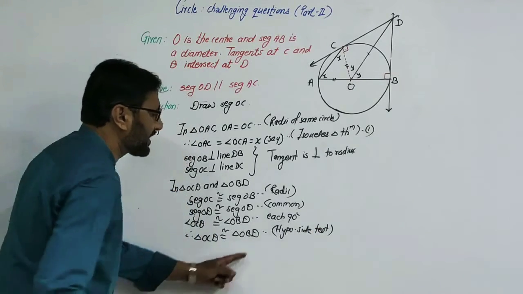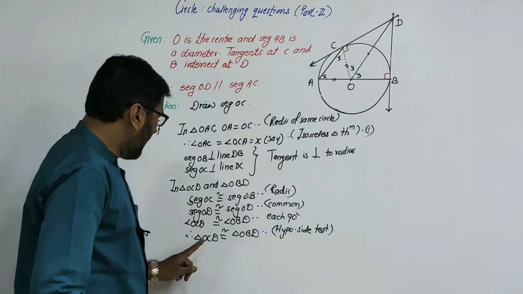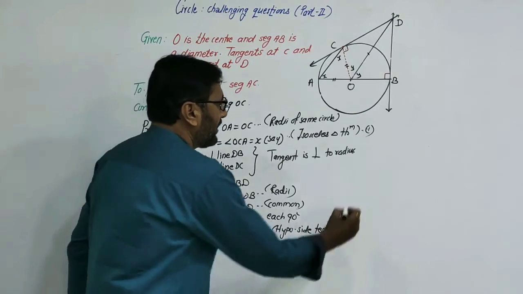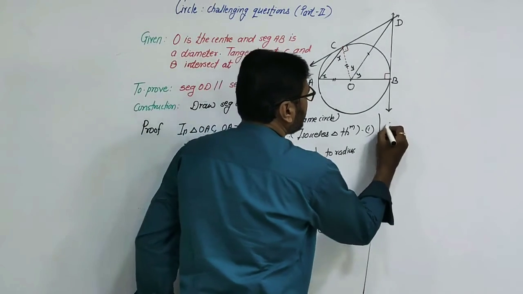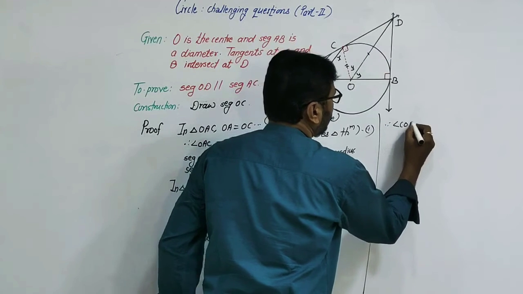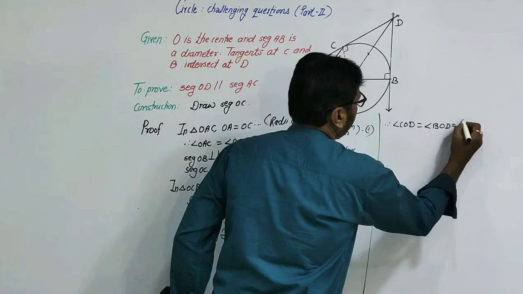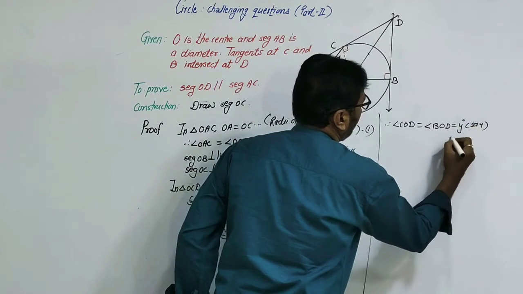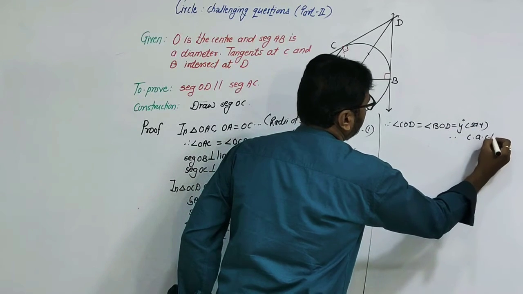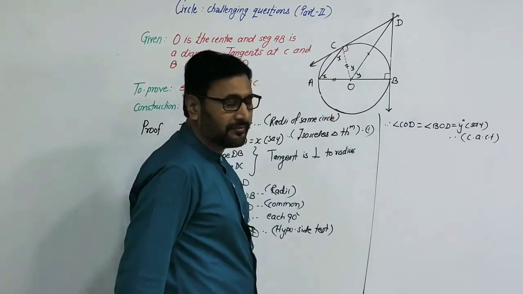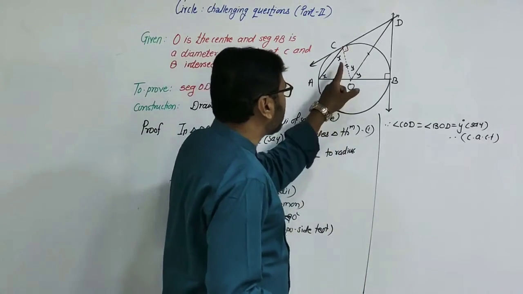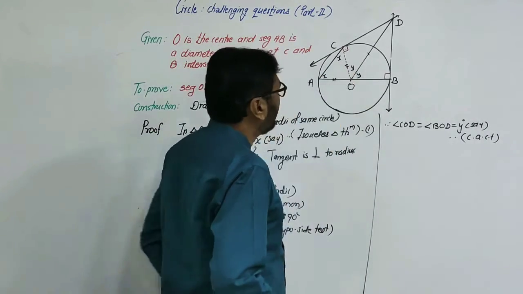or hypotenuse side theorem. Now, after proving these two triangles congruent, you will write angle COD is equal to angle BOD, which is equal to Y, say, corresponding angles of congruent triangles. Now students, we need to prove this angle is equal to this.